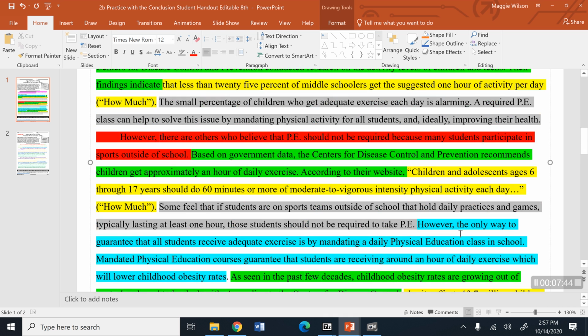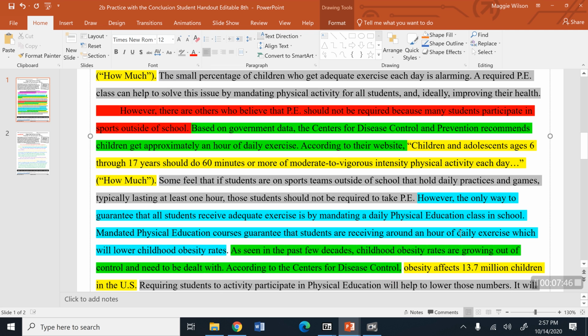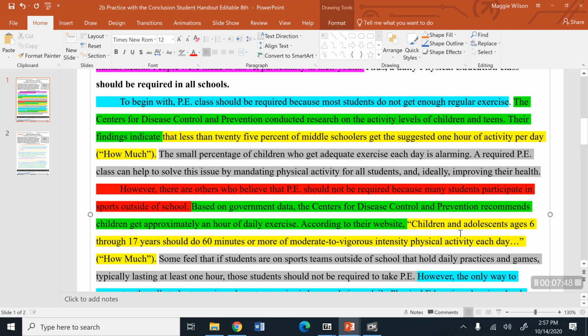And also, I had said that obesity affects 13.7 million children. So I could say students are not getting enough activity throughout the day, and therefore obesity rates are on the rise. This is why students need to be in physical education courses. And then finally, you would end with a mic drop.